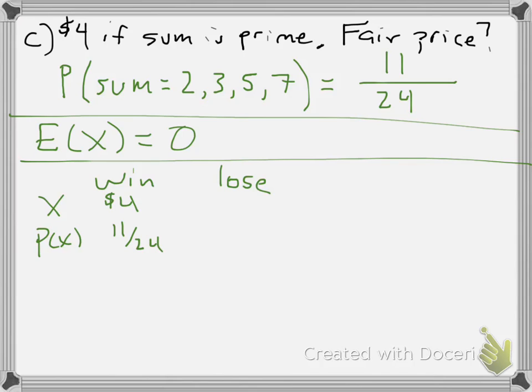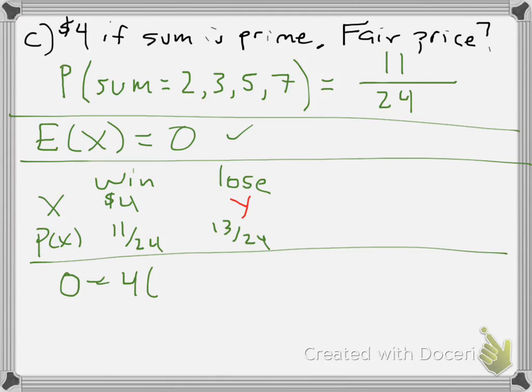Now we're going to lose. We don't know how much money we're going to lose yet, so I'm going to call that Y. I'm not going to call it X because it's not the same X as we have down there to the left. And if my odds of winning are 11 out of 24, my odds of losing are 13 out of 24, the complement, right? So we're going to calculate this expected value, but we're going to set it equal to 0. Why are we going to set it equal to 0? Well, that was up here.